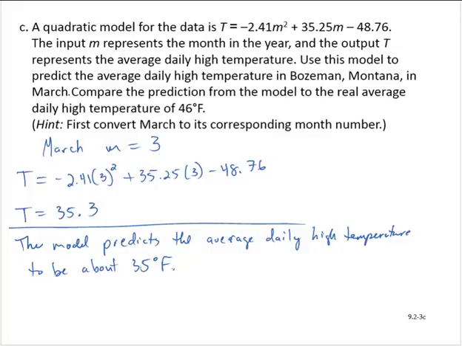Compare it to the real average daily high temperature of 46. This is lower than the real average high temperature.